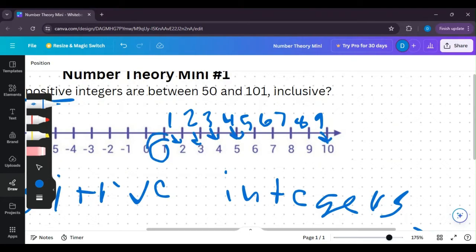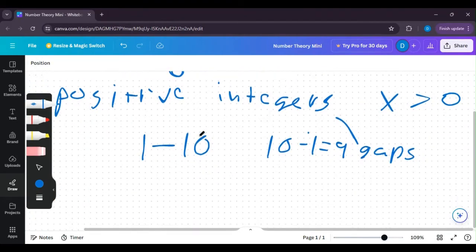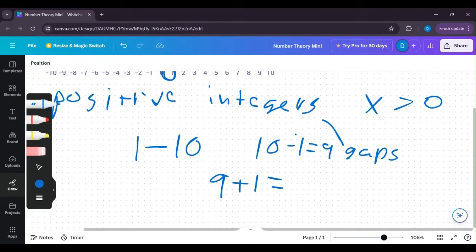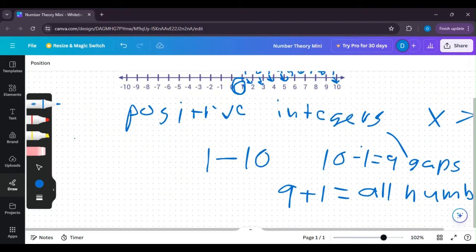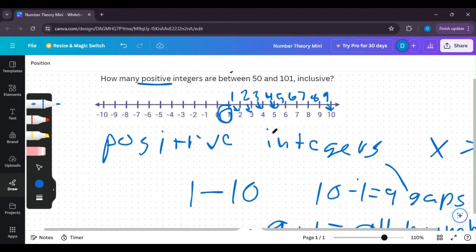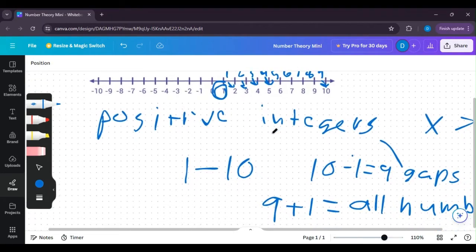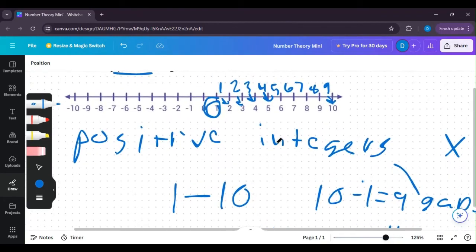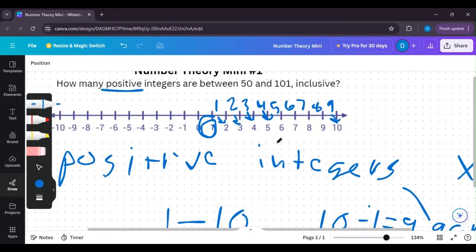However, we're missing 1. So we always add the number of gaps and one more to include all the numbers. We find the number of gaps, 10 minus 1, which is 9, and we add 1 because we're missing one number.